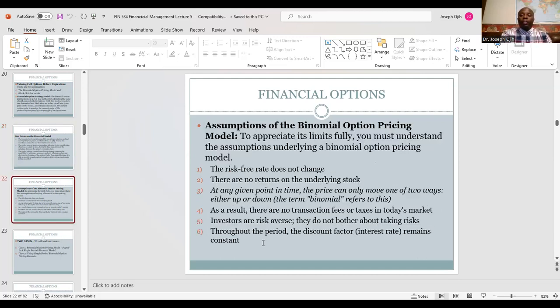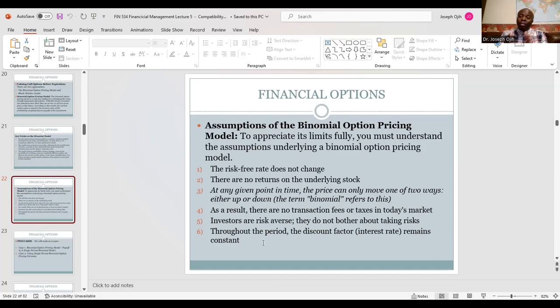So we are now ready to look at the assumptions. One, it assumes that the risk-free rate does not change. Then it assumes that there are no returns on the underlying stock. Remember, an option gets its value from an underlying asset. So the value of an option is a derived value from the underlying asset.